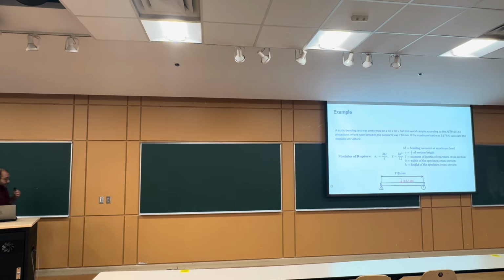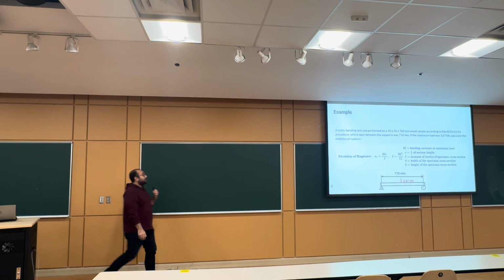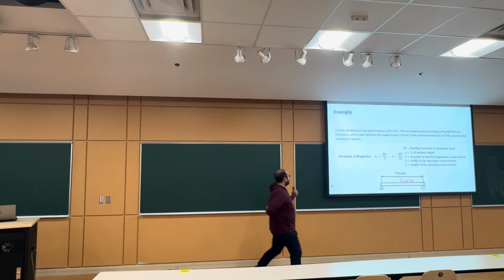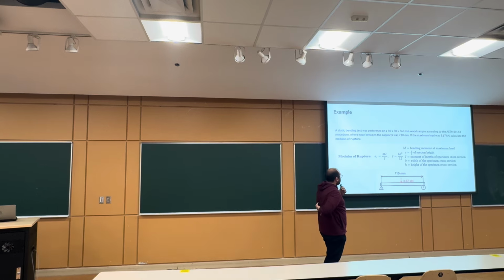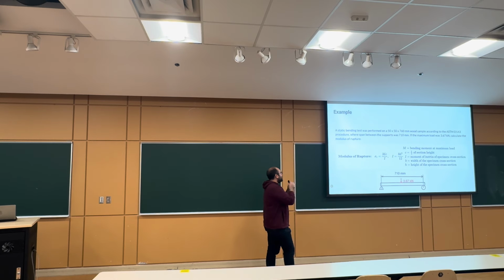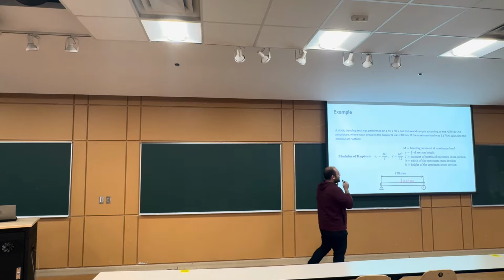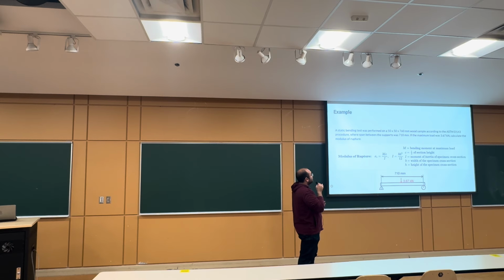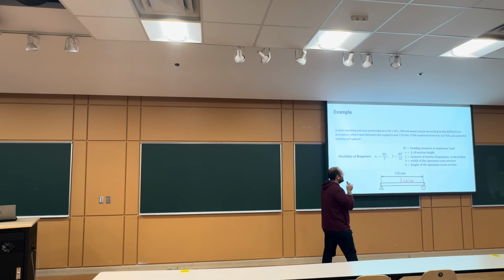So, we'll solve a very small example here, a short one, that we have done before in the metal series and actually in the PA sessions too, where we calculate the modulus of fracture or the flexural stress. A static bending test was performed on a 50 by 50 by 760 millimeter wood sample.